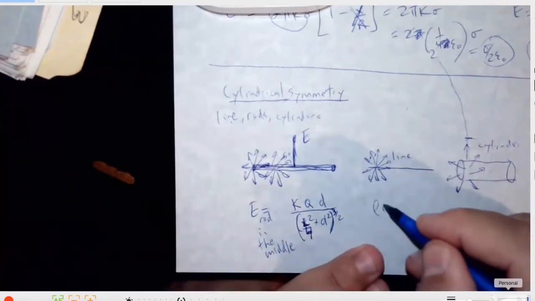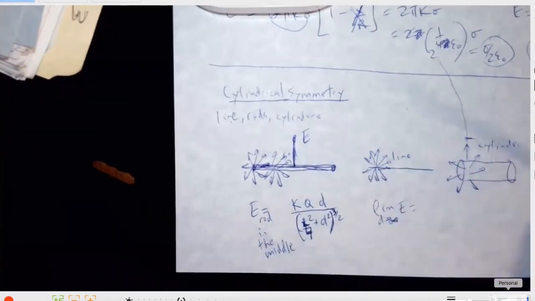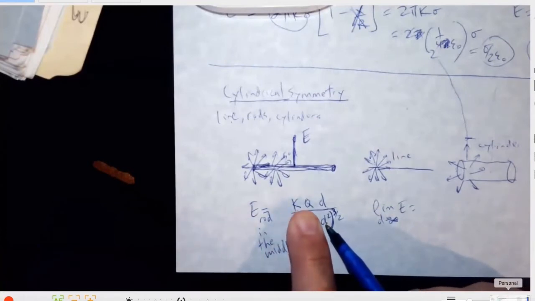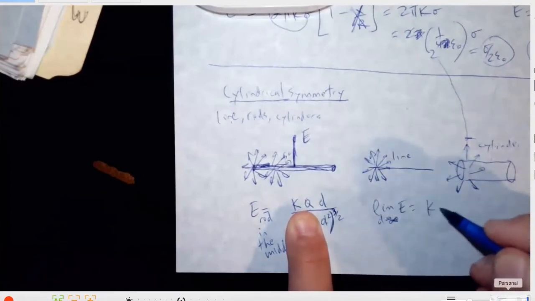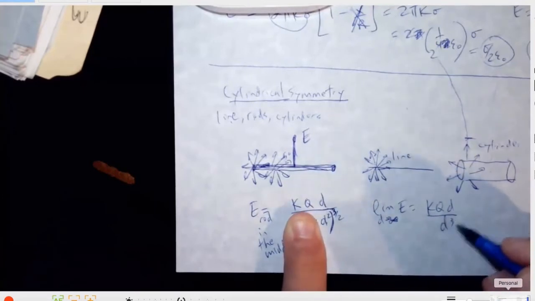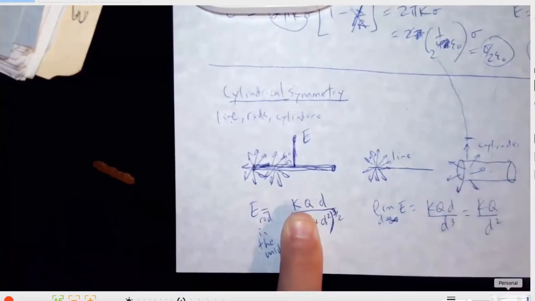When I take the limit as d goes to infinity, this one dies out, and then this one becomes k q d over d squared to the 3/2, so it becomes d cubed, k q over d squared. Aha, so that works. The line charge begins looking like a point charge.